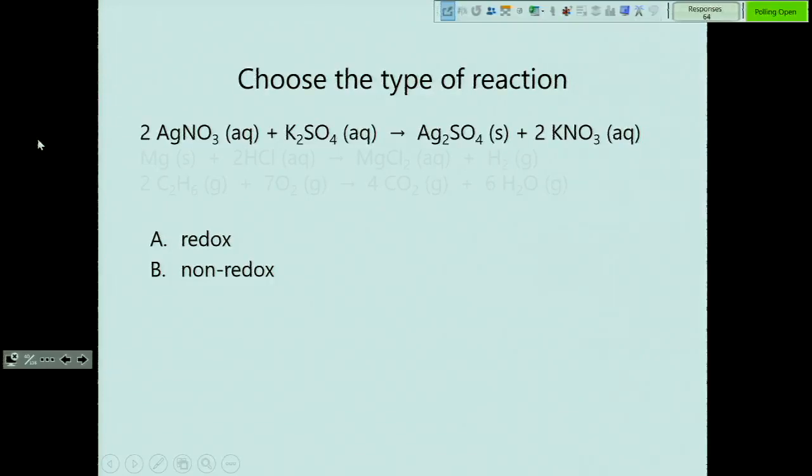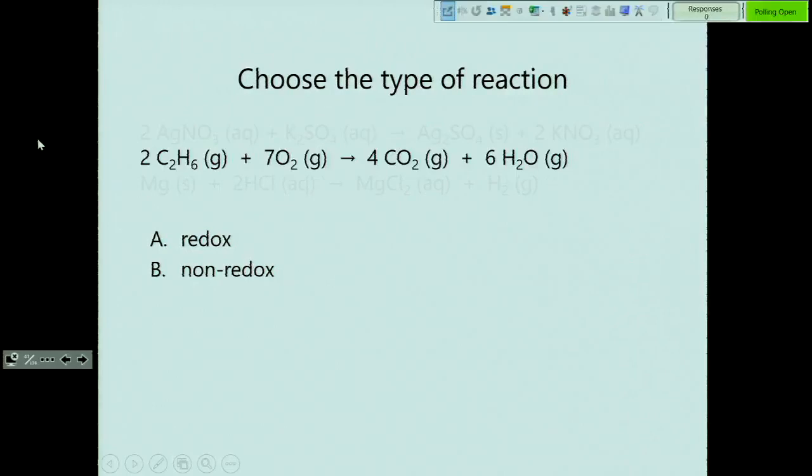All right, and the answer is? This is not redox. This is a double replacement inorganic transformation. Those are non-redox. I mentioned earlier that the FAD, FADH2, NADH, whatever, they're double replacement-ish, but they're redox. Those are more complicated reactions for the most part. Double replacement is non-redox. Okay? All right. This one.